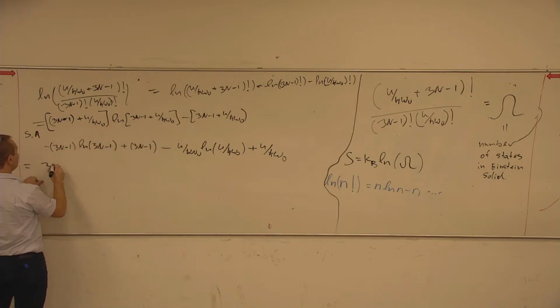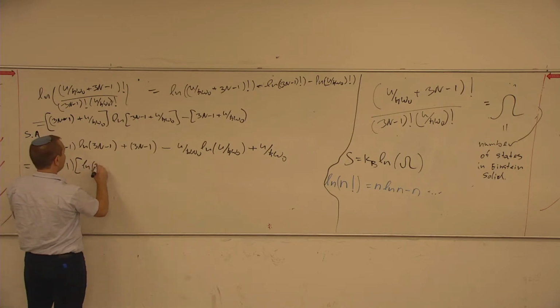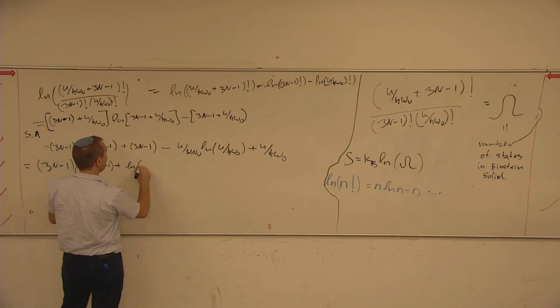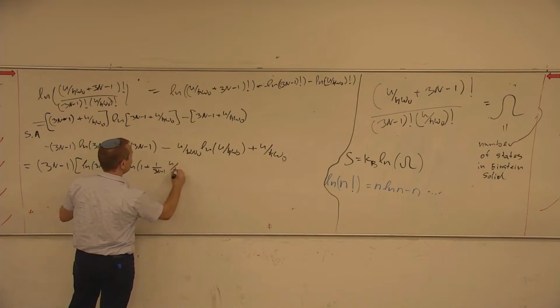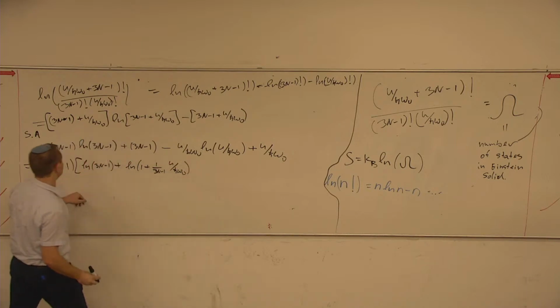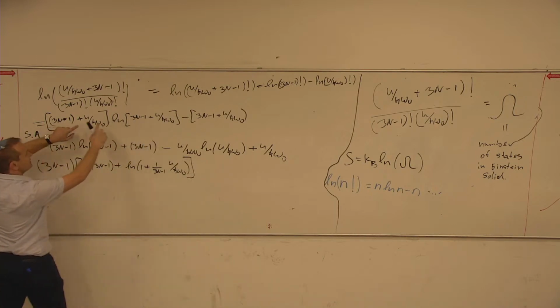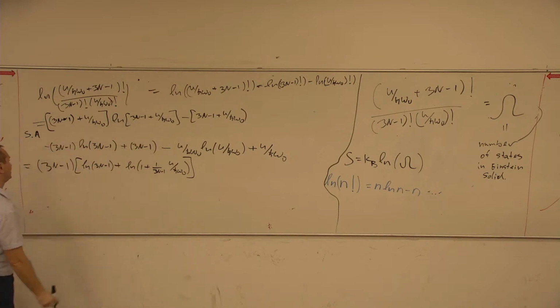So I have (3n − 1) multiplied by a log of (3n − 1) plus a log of 1 plus 1 over (3n − 1) times u/ħω₀. This term multiplied by this term, and I still have this term multiplied by that term.